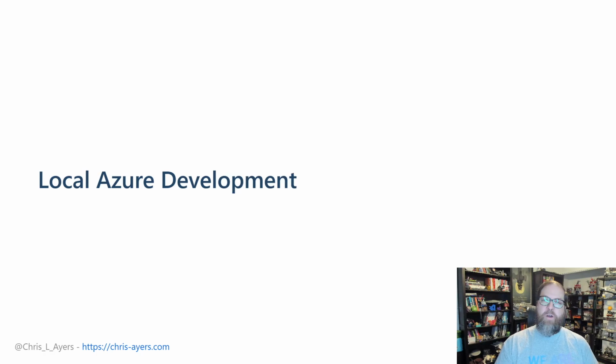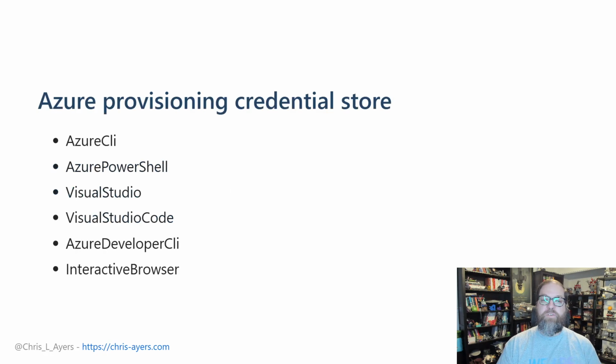Let's talk about some of the cool capabilities with Azure. I use Azure OpenAI a lot. If I'm using, for instance, Visual Studio or the CLI, I might want Aspire to create those resources for me so I can consume them and quickly iterate and build faster and faster. There are a lot of cool credential stores baked into how Aspire works.